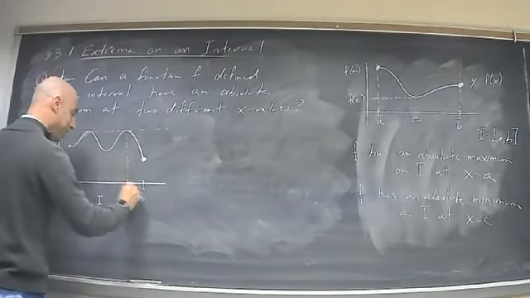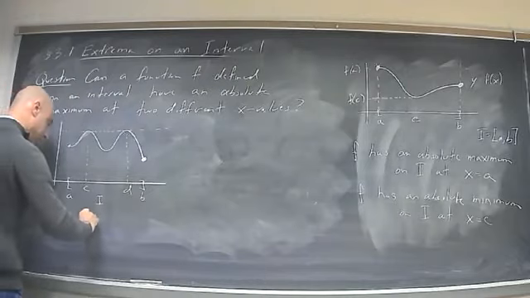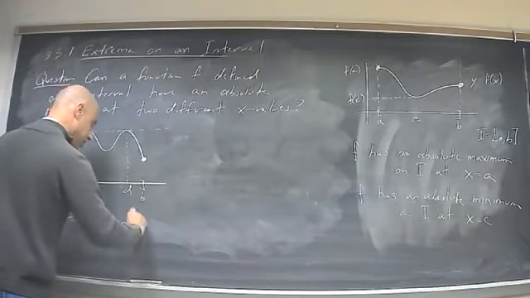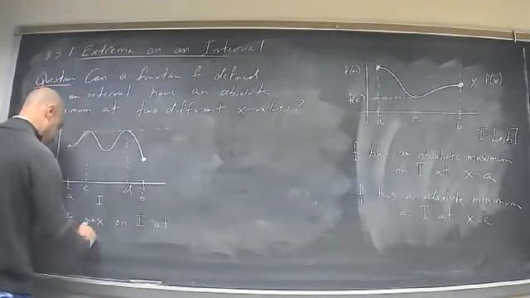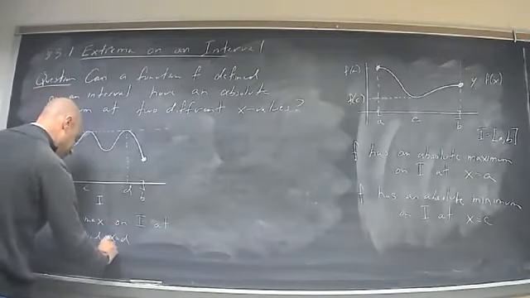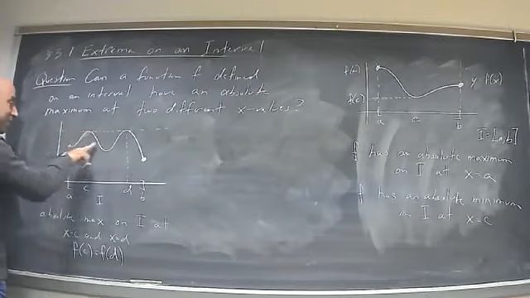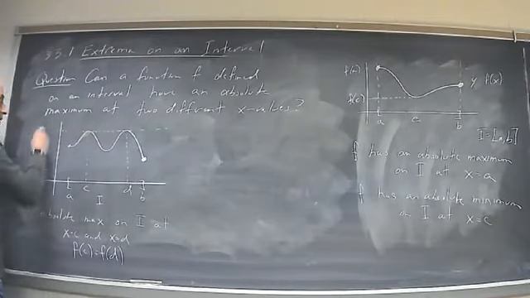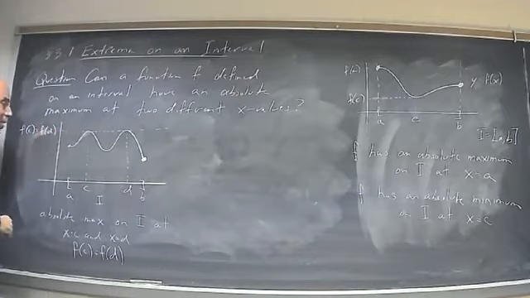So that's A and that's B. Let's call this C and D. So we have an absolute maximum on I at x equals C and x equals D. And you can see that f of C and f of D are the same, and they're bigger than f of x for any other x value between A and B. So here's f of C, it's also f of D. They're the same height.